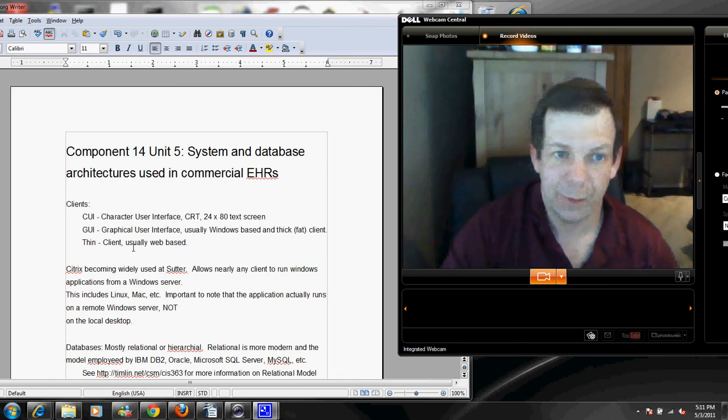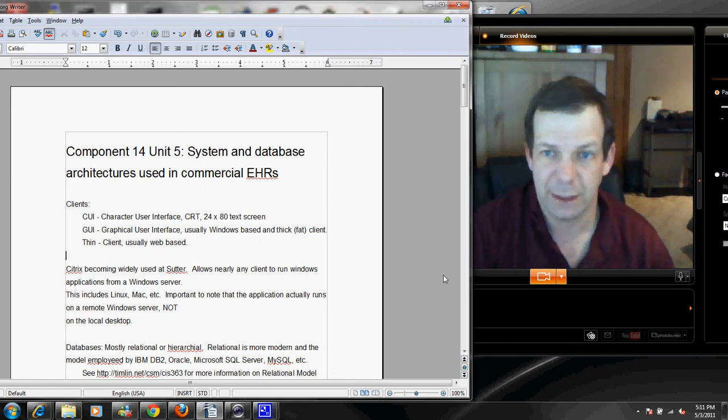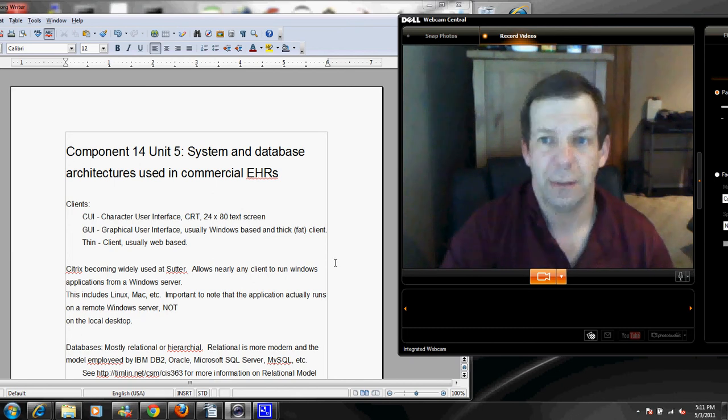An awful lot of applications that exist out there are either GUI or character user interface, but even the character user interface ones generally require certain software to be on the desktop, and that's expensive. Maintenance of software, particularly at the GUI level, is very expensive on the desktop, and it puts you at some risk because you are saving rules on the desktop.